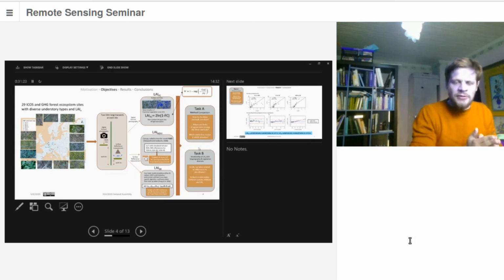Is leaf area index of the understory a function of long-term climatic variables? Because if so, and you find a very strong relationship, then you could think about approximating leaf area index of the understory by some other parameters that you get more easily, like mean annual temperature or mean annual precipitation or whatever, okay?